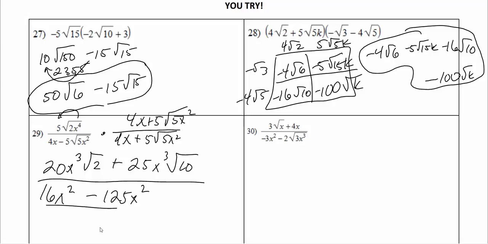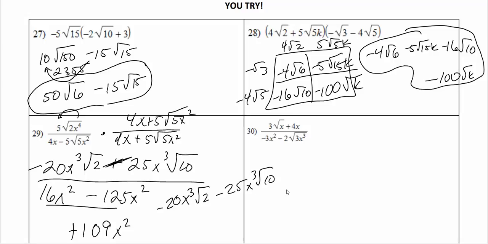That makes this combinable, which is -109x squared, which, because this is a negative, this needs to turn to a positive, which makes that a negative, which makes that a negative. So my answer, -20 x to the 3rd root 2 minus 25 x to the 3rd root 10 over 109 x to the 2.